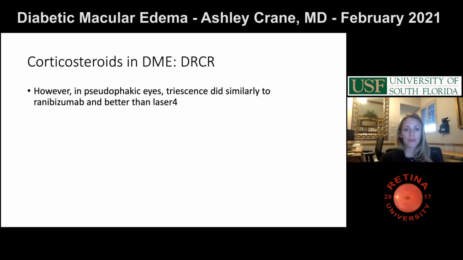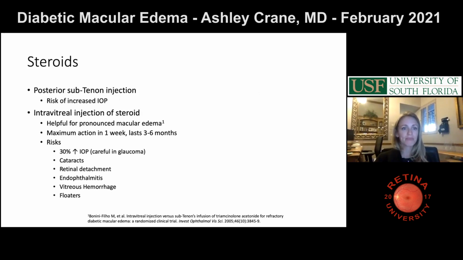So just remember that you have to really self-select either a patient who's already planning to do cataract surgery, or a patient who's already pseudophakic, to give them corticosteroids. So you have to remember the risk of increase in IOP, cataracts, retinal detachment, endophthalmitis, vitreous hemorrhage, and floaters is maybe, depending on the agent you use, similar risk to intravitreal anti-VEGF.